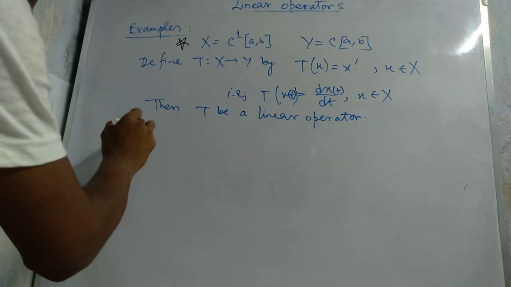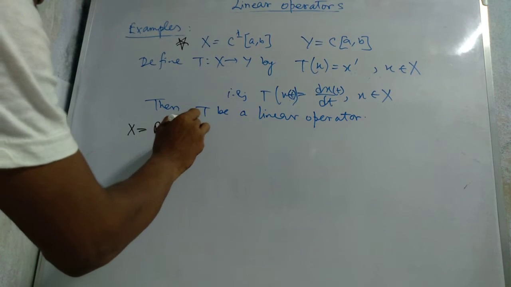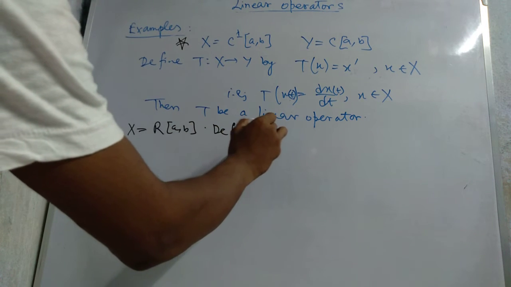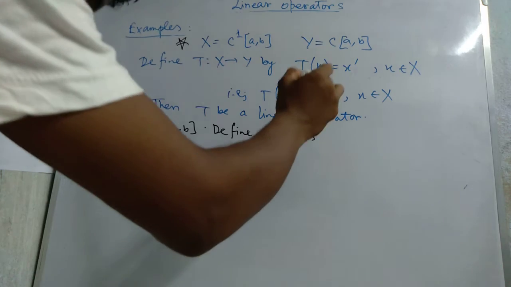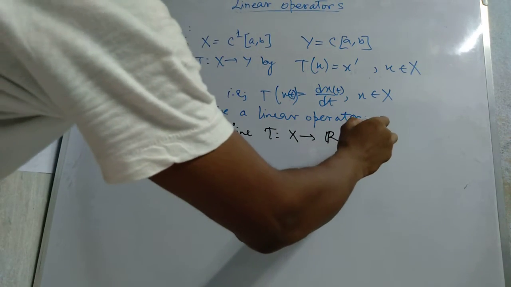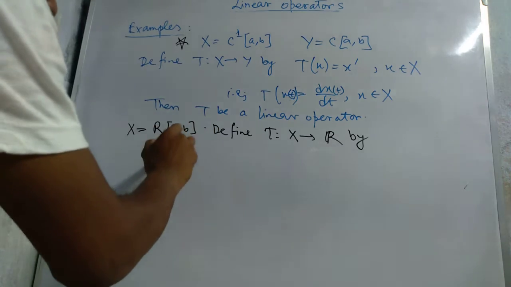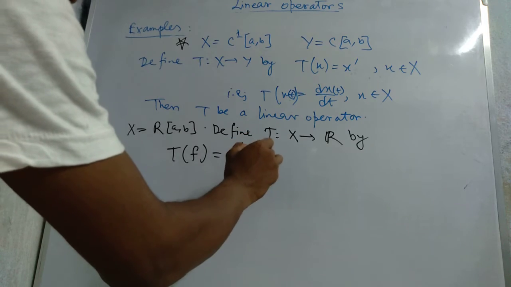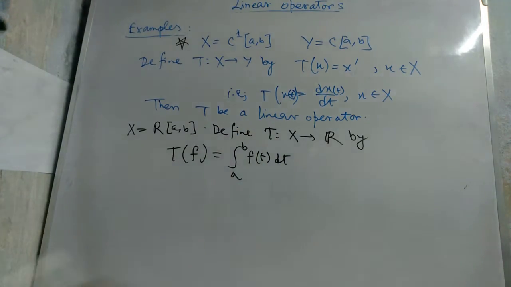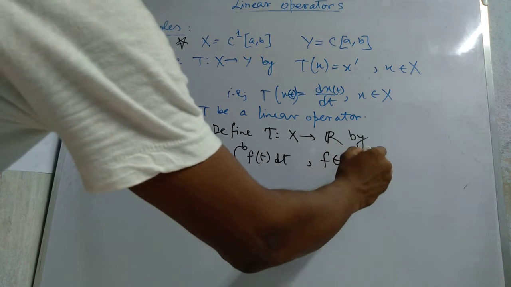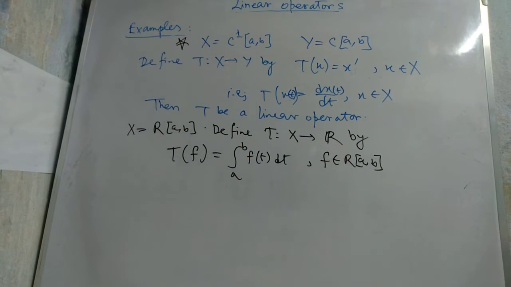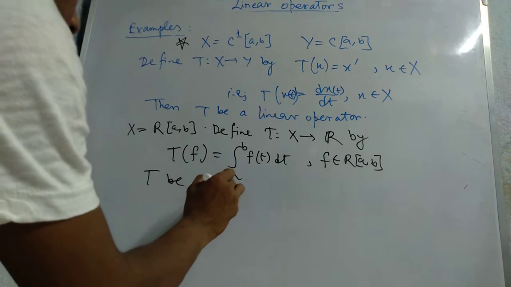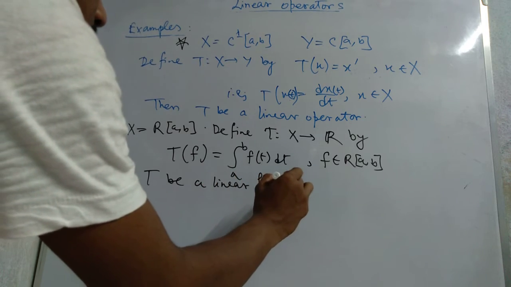That means we take X equal to R[a,b], Riemann integrable functions on [a,b], and then define T from X to R by T of f equal to the integral from a to b of f(t) dt, where f belongs to R[a,b]. Then T is a linear functional.